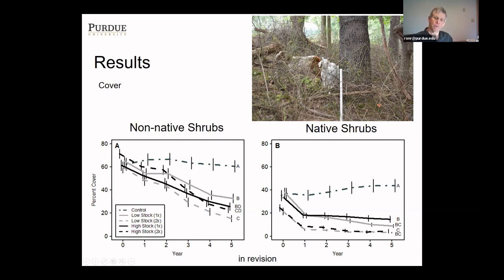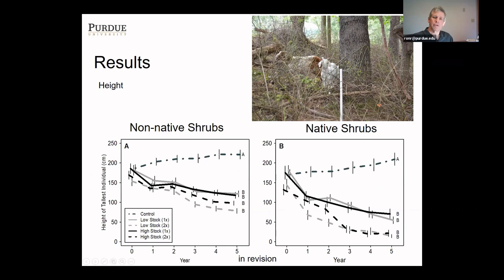Looking at the native shrubs, we see a sharp reduction with the grazing treatments in the first year, and then it levels off, a much more gradual reduction taking place. Keep in mind that this first year reduction in cover also includes the cutting of the shrubs that were larger than 8 feet tall.